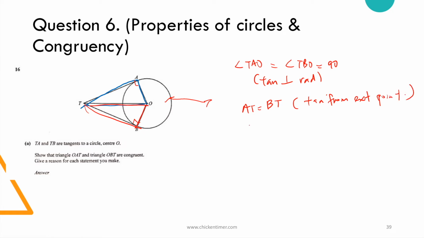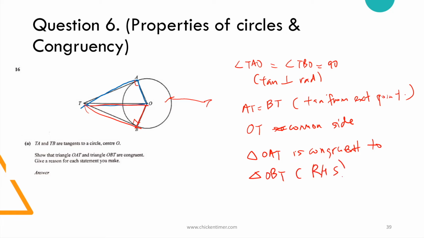Then next you have OT is a common side. So they are the same. So we prove one right angle and then we prove two sides. So triangle OAT is congruent to triangle OBT. Then we label RHS.